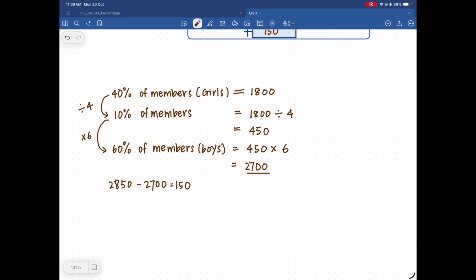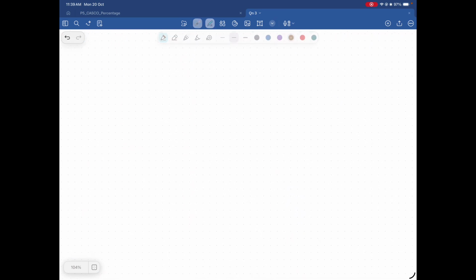So let's do that. 30% of 1,800 is 30 out of 100 times 1,800 out of 1. So we can simplify and we will take 30 times 18, which is 540. So 540 girls have joined the club. So initially there are 1,800 girls plus 540 that joined the club. In the end, there are 2,340 girls.